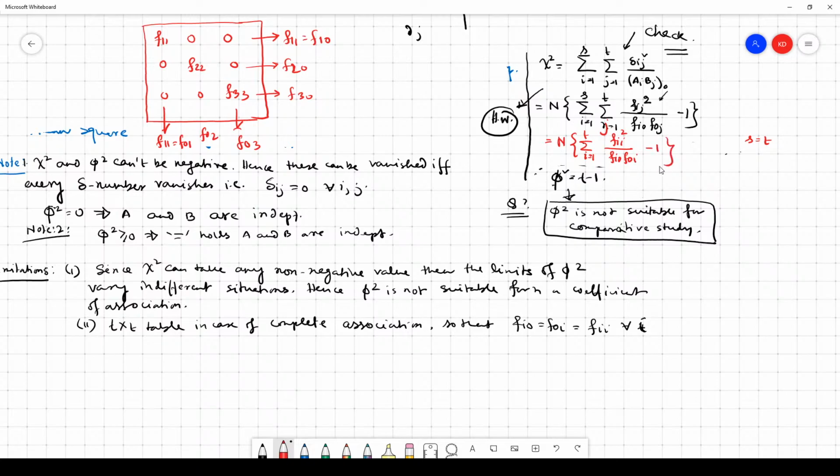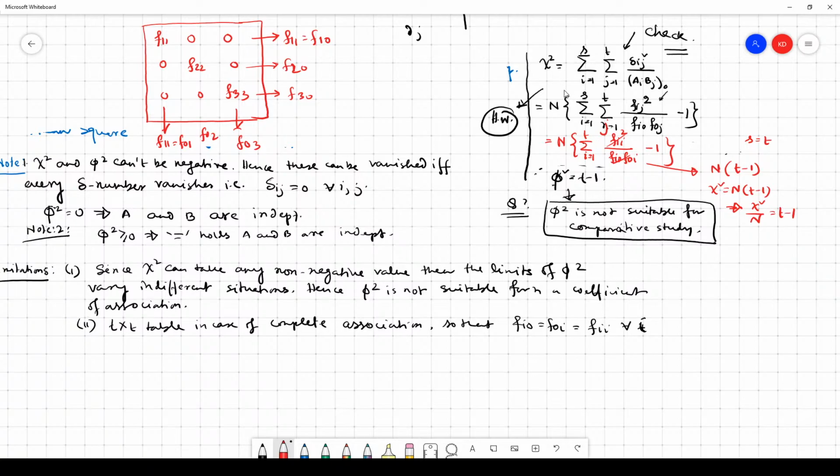Okay. So now, since fii equal to fi naught, again f naught i, this thing is cancelled, and how many ones are there? t ones. So this should be n into t minus 1. As a result, chi square equal to n into t minus 1. So this means chi square by n equal to t minus 1. So phi square equal to t minus 1.